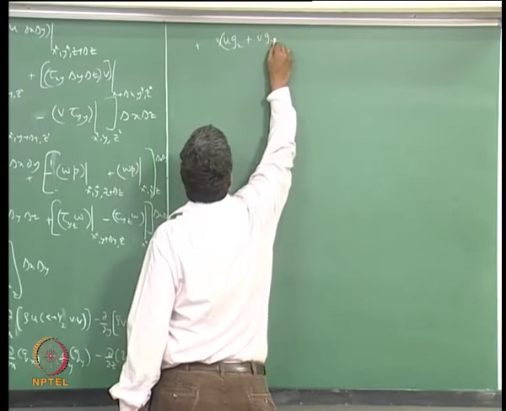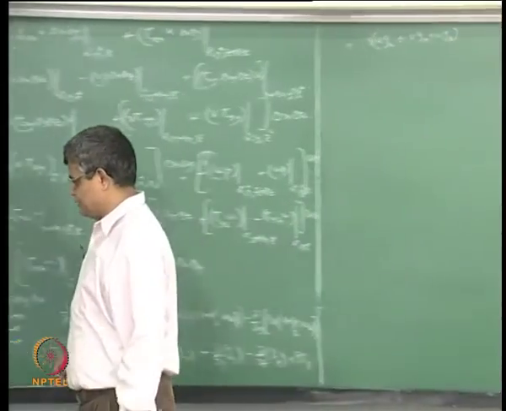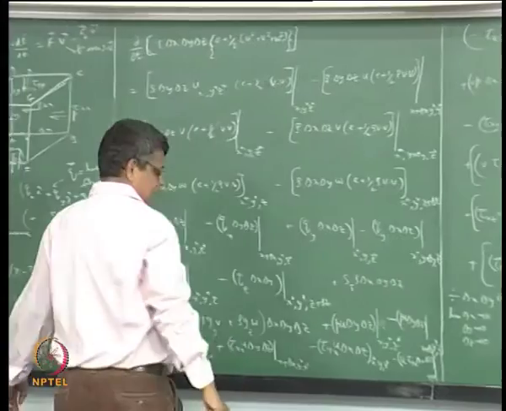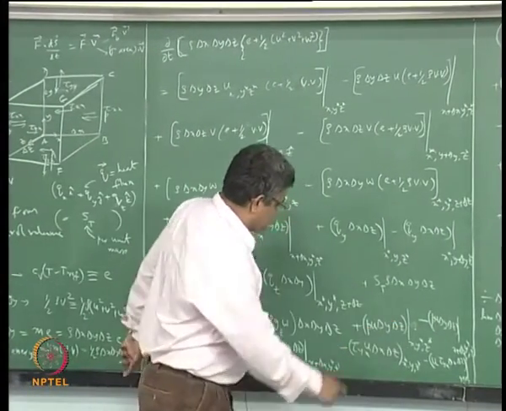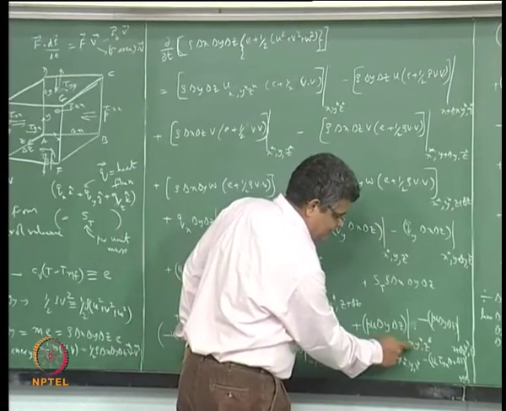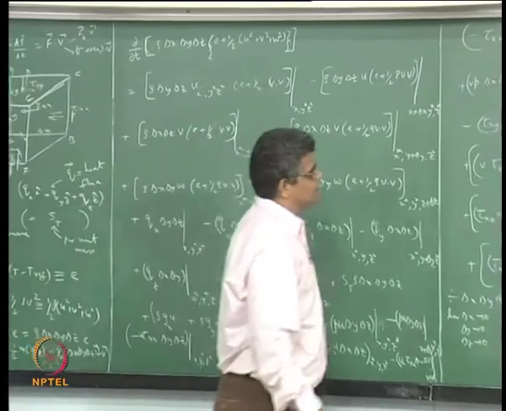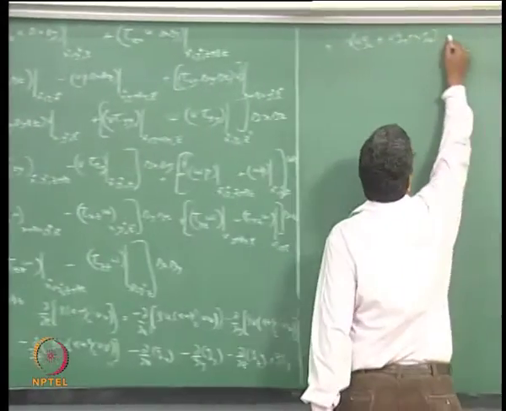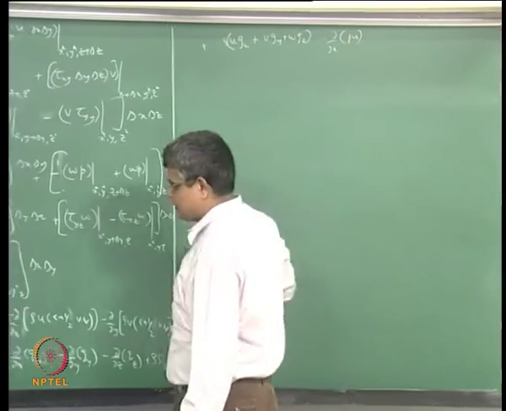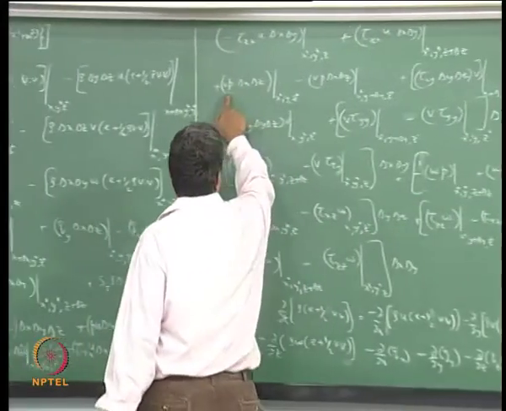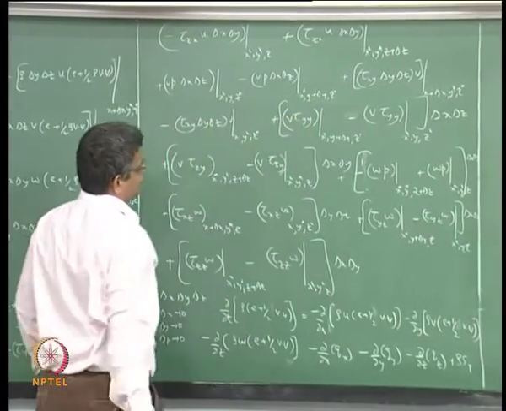plus v gy plus w gz as the rate of work done by the external gravity vector. And the pressure here, this is pu at x minus pu at x plus delta x, so that becomes minus dou by dou x of pu, and similarly here it is Vp at y minus Vp at y plus delta y.